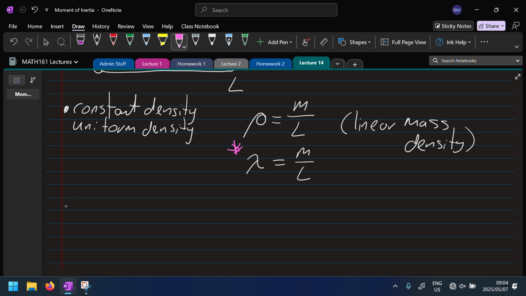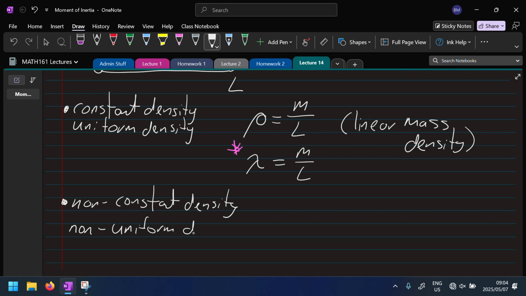What happens if it's non-constant? Non-constant density, or non-uniform density, same thing. Now rho will depend on where you are in the solid. In the 3D case, it will depend on x, y, and z because it's 3D. In 1D, it will depend on x, because it's one-dimensional.